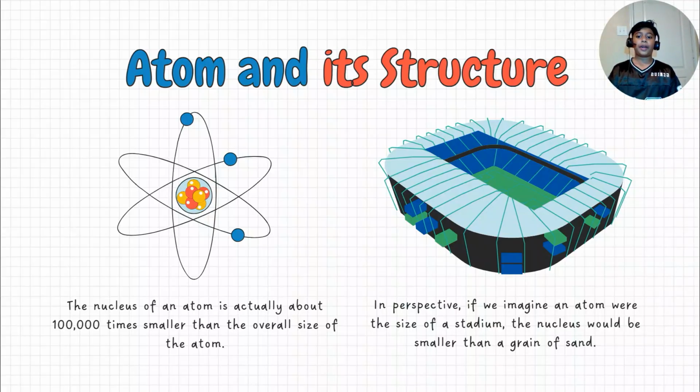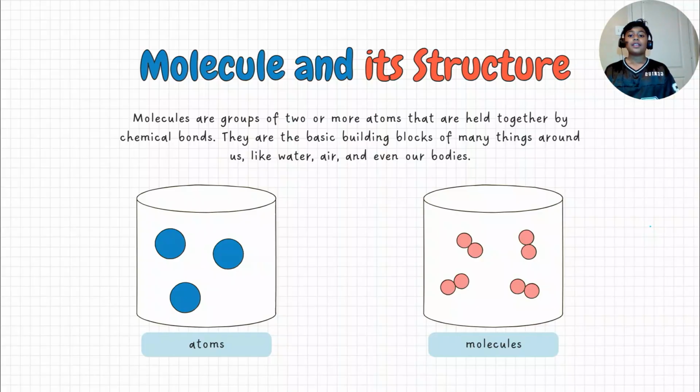So just imagine, if atoms are that small by themselves, imagine how small a nucleus would be. I know, none of these atom pictures that you see when you search on Google are up to scale. Trust me, these stats are real.